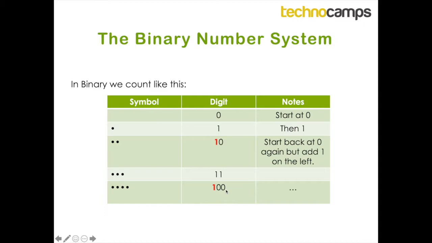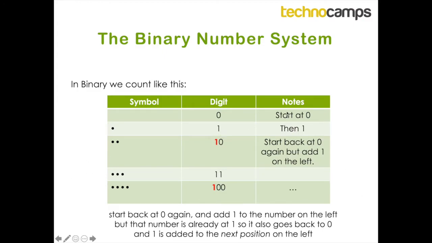So it's the same principle that's being used there. Again, we start back at 0, we add 1 to the number on the left, but the number that's already at 1 also goes back to 0, and 1 is added to the next position on the left.